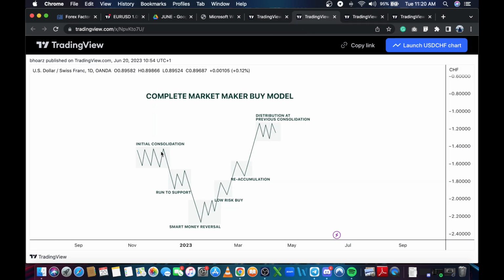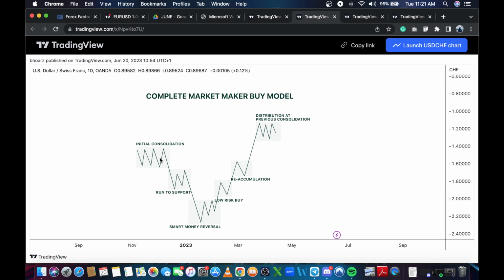You can see the initial consolidation, and then the run down to support, where you have a small range, and then price has a smart money reversal. Usually that would be at a high time frame level, and then you have your low risk buy, then your reaccumulation, and then you run up into the previous consolidation.